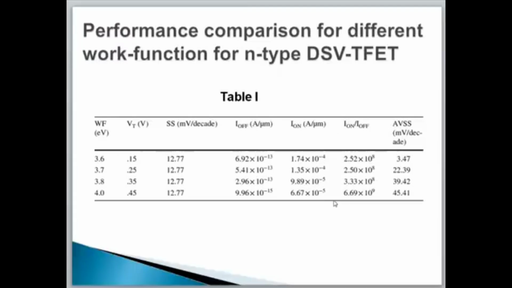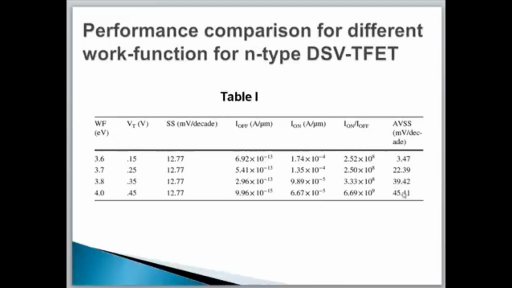You can note that the on current starts increasing if you increase the work function from 3.0 to 4.0 electron volt, and the on-off current ratio is high at 4 electron volt. The average subthreshold slope is also increasing as you increase the work function from 3.0 to 4.0 electron volt.